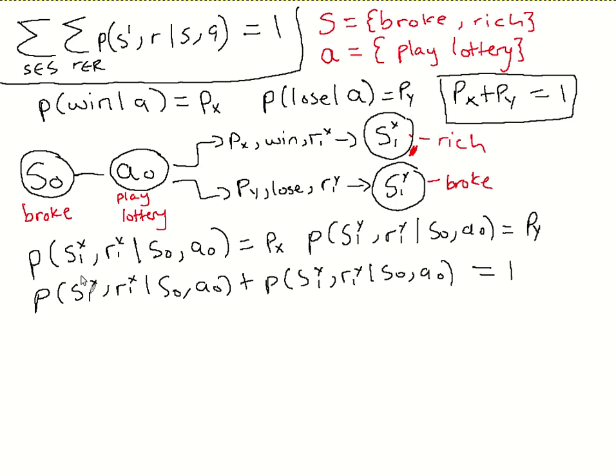And we can extrapolate on that idea by saying, okay, we define our state space S prime to be the set of all possible future states that we might end up in, which is S1x and S1y. And similarly, we define R to be the possible rewards we might get, which is R1x and R1y.